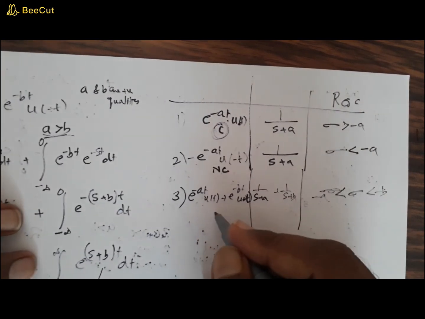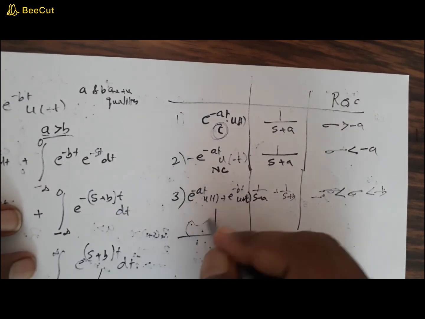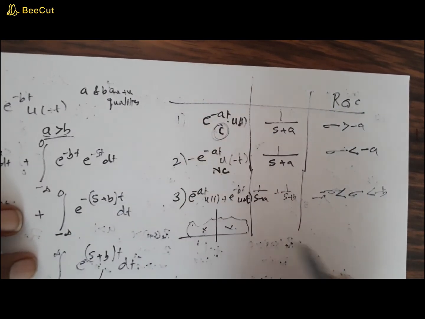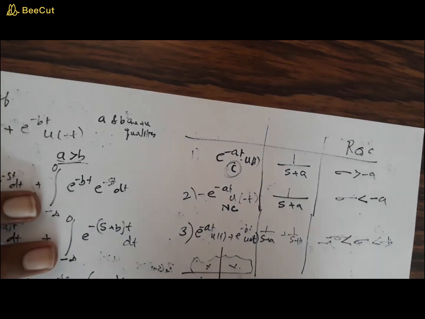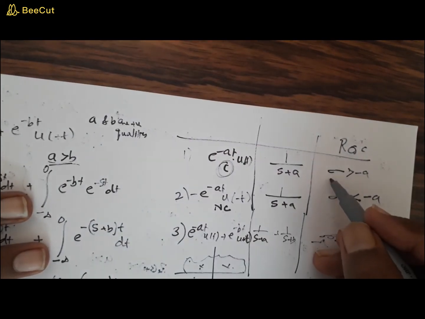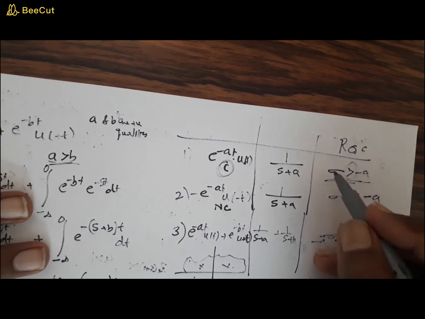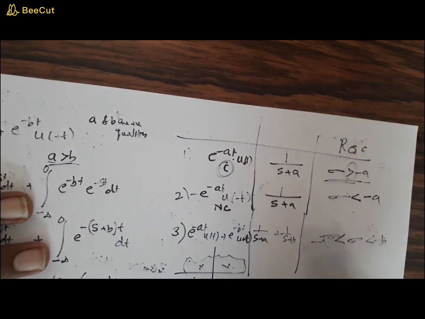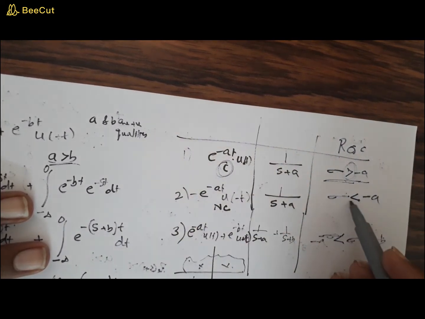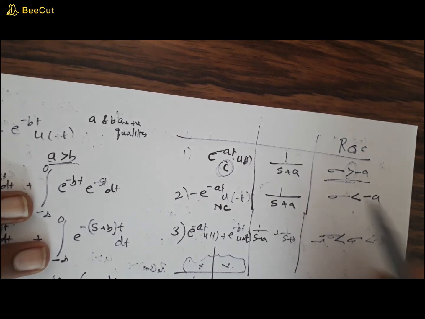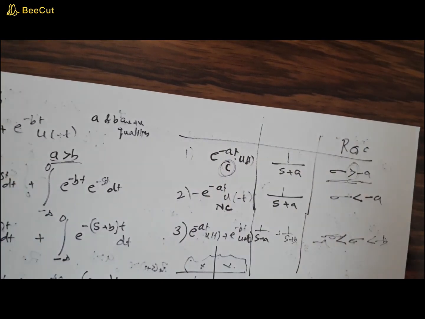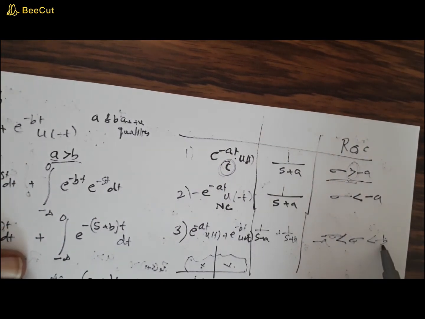This is a combination of causal and non-causal. That means this is a double-sided signal, right? Now if the signal is a causal signal, then the ROC will be greater than a particular value. Sigma will be greater than a; if it is a non-causal signal, then it will be less than a particular value. If it is double-sided, the region of convergence will be in between two values.